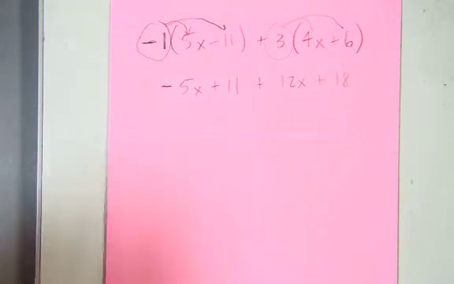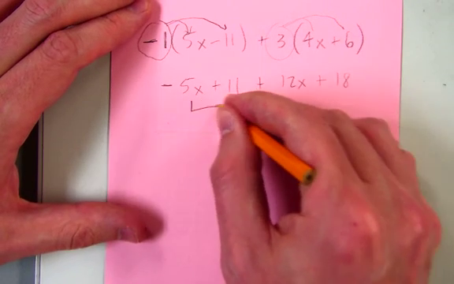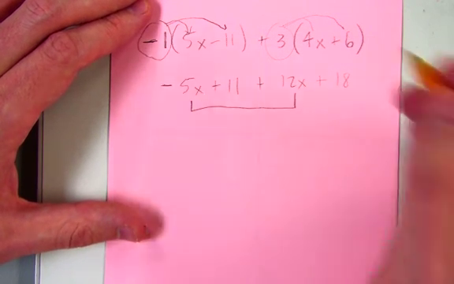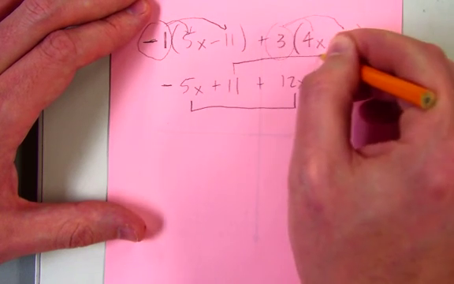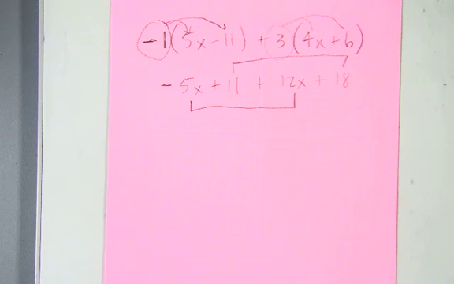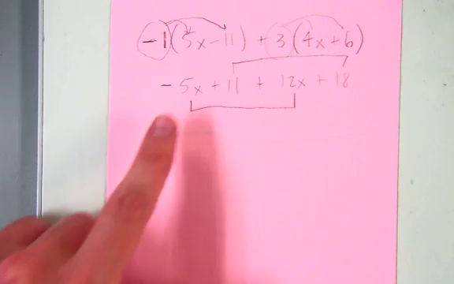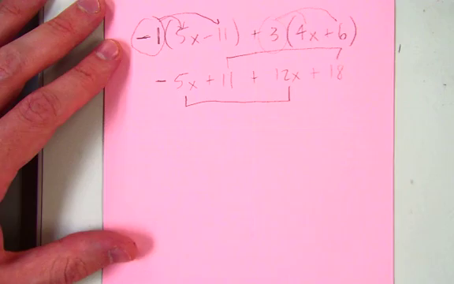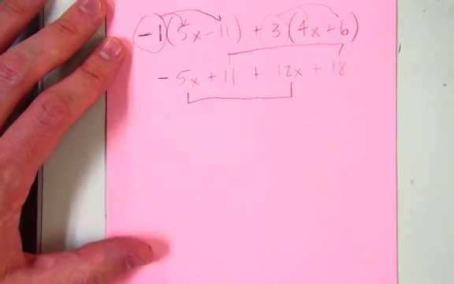Next, I'm going to look for like terms, and I definitely have some. Negative 5x and 12x, those are like because they have the same variable parts, and 11 and 18, those are like because they're constant. So we can put those things together. So negative 5x plus 12x, got to remember my sign number rules, so signs are different.